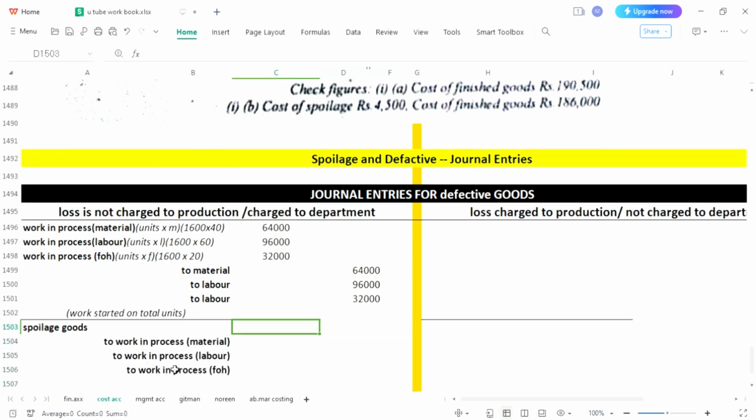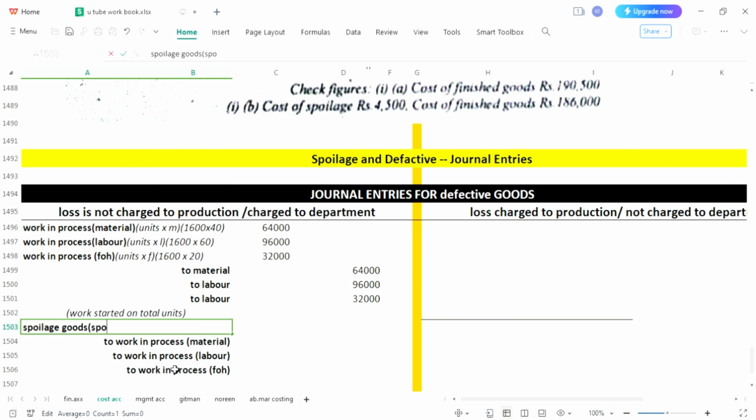Now we will be looking at spoiled goods. Since it's a recovery, the formula is simple. Spoiled units would be multiplied by recovery amount, or sale is a better word so that you would not be confused.